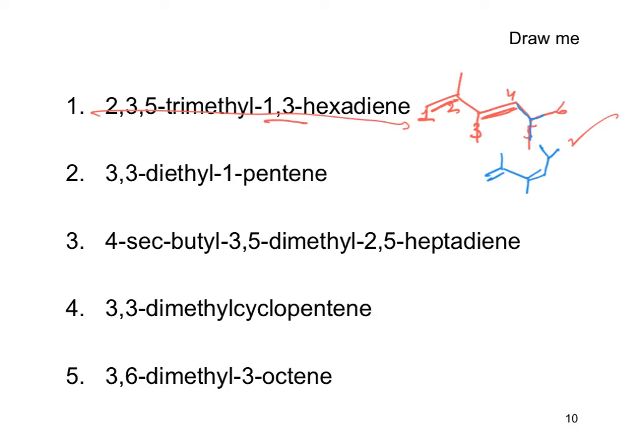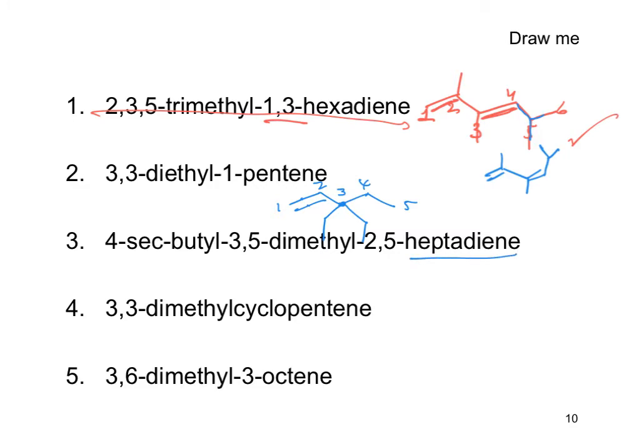We may have just actually given the name for this. 1-pentene means this chain with the double bond at position 1. 3,3-diethyl. So I should put in 2 carbon chains coming out of position 3.